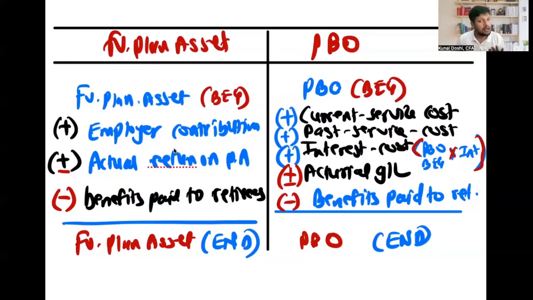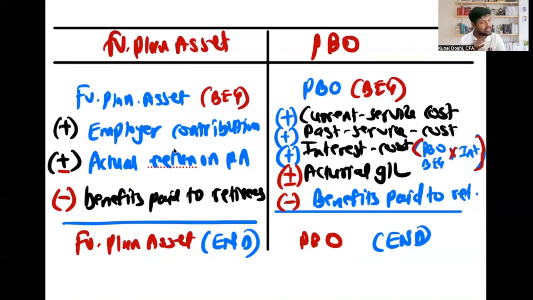All right. But now, when I'm going to calculate the ending PBO, that is related to the liability, which is owed to the employees. Okay. So how will my liability increase?